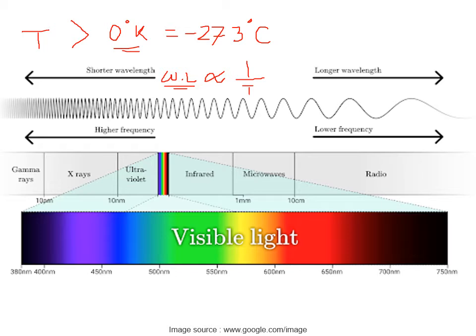You can see this electromagnetic spectrum having different rays of different wavelength and different frequency. Gamma rays have the lowest wavelength and the highest frequency. With increasing wavelength, you can find X-ray, ultraviolet ray, then visible light, infrared, microwaves, and radio waves.